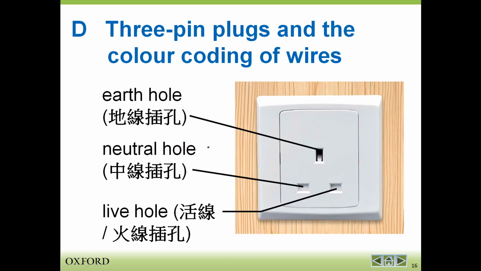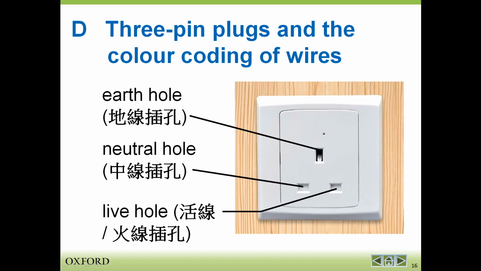Now we are going to study the three-pin plugs and the color coding of wires. Normally, you won't detach the parts inside the plug, but we will study it because sometimes the wire inside may be broken, so you can fix it. First of all, we have to learn from the socket.